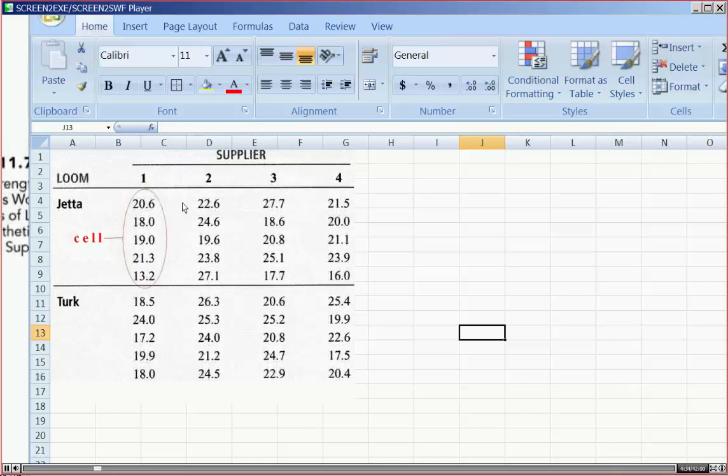In our case, we have 5 parachutes made on this loom, on the Jetta brand, from the fibers supplied by supplier 1. 1, 2, 3, 4, 5. Same fibers also went into the production on the Turk loom, another 5 values for tensile strength. So these are the values of tensile strength.